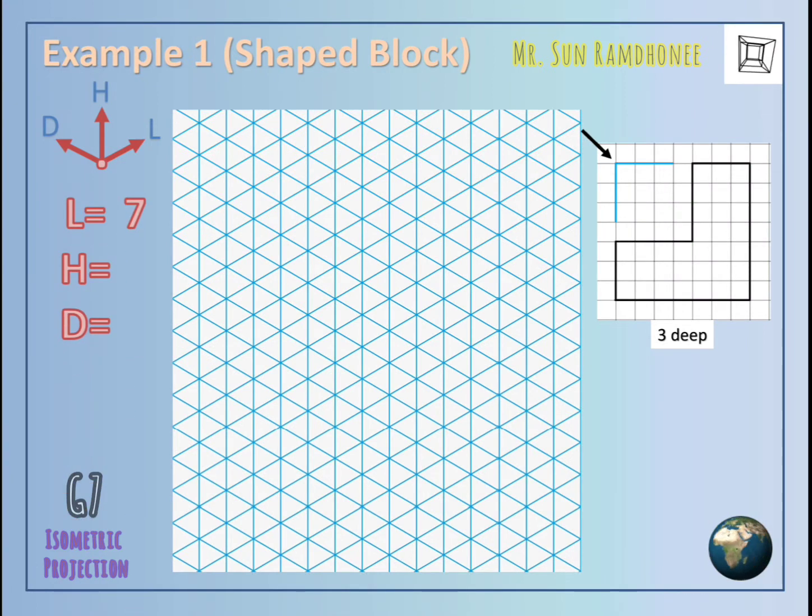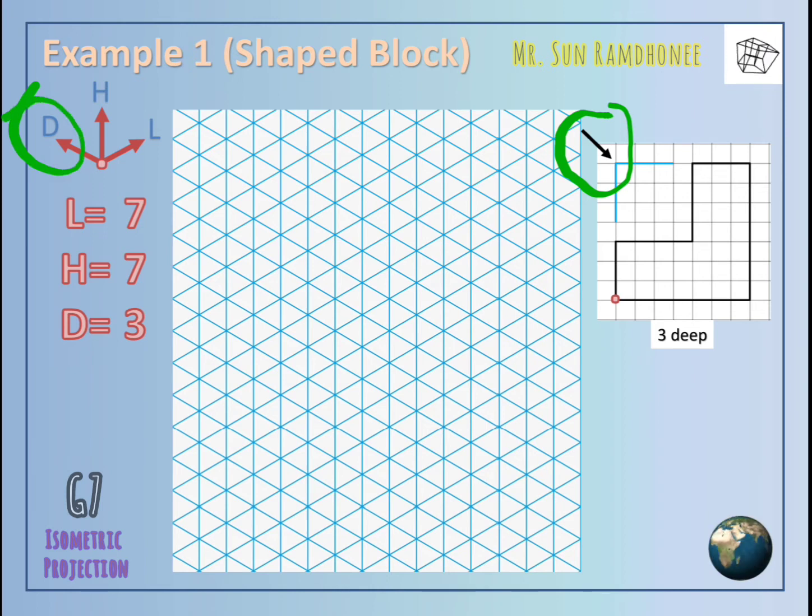The length, height, depth of this object is 7, 7 and 3. I want you to follow here very carefully. This is very important, okay? We are going to use the image of the question which is given on the right, and then we are going to draw this object. You see that we have this arrow to the left here. This indicates the depth line.